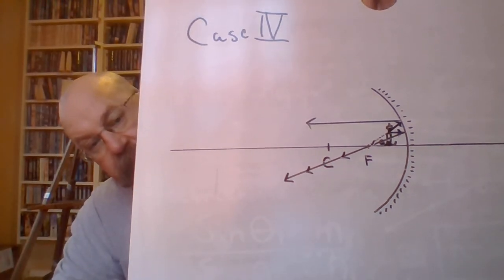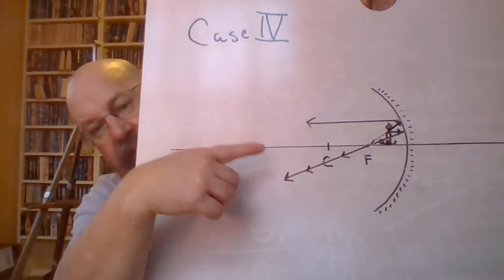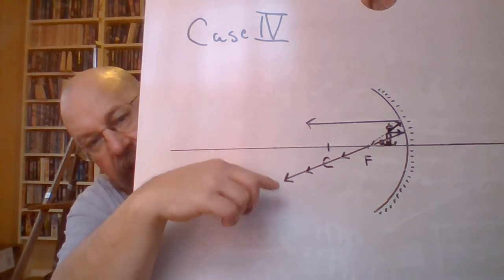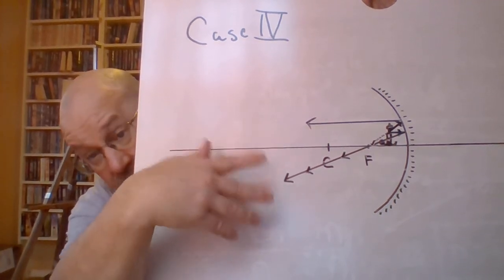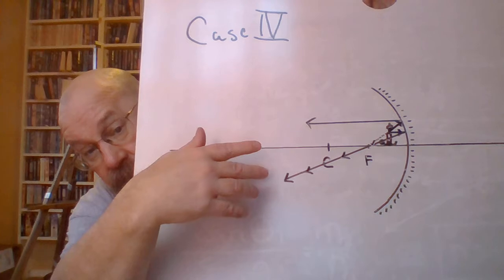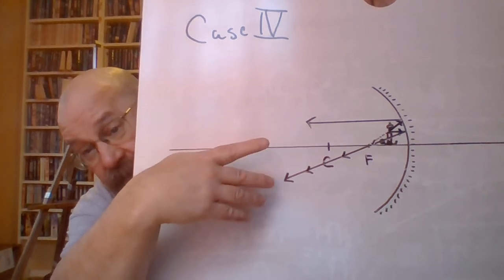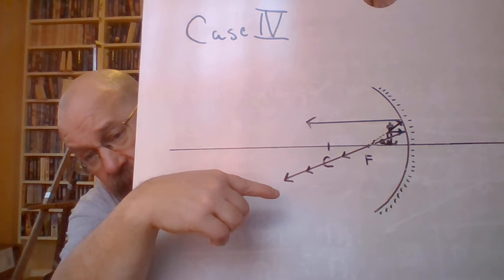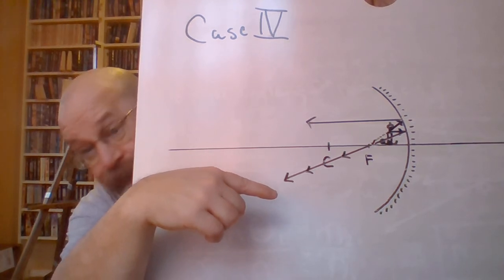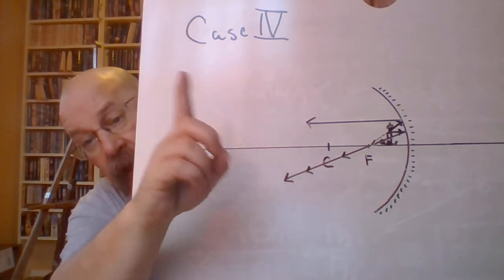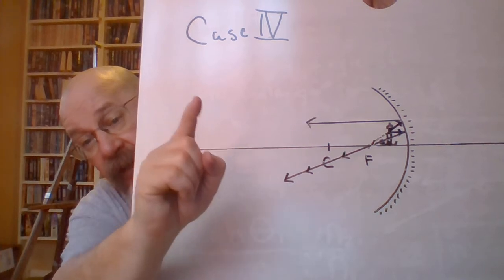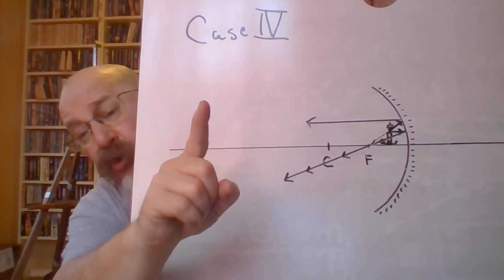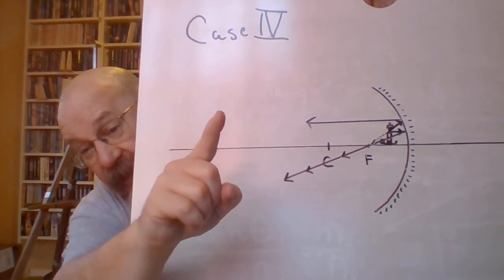See that? Okay. But look, is there any place on the actual object side of the mirror where that ray and that ray are going to intersect? Nope. But there is a place where they virtually intersect.